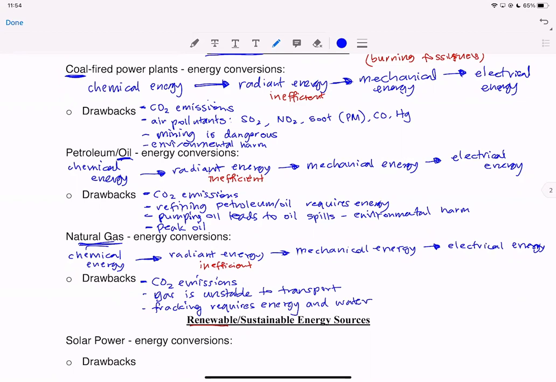And this also leads to water contamination. The water that is pumped underground in the fracking process will seep into and contaminate nearby underground water, the water in aquifers, stored water that we drink.